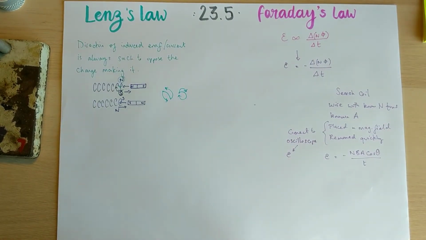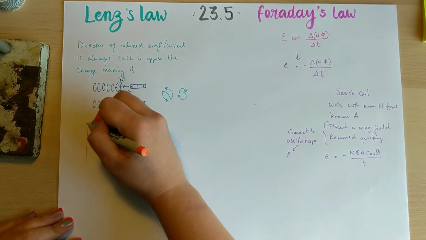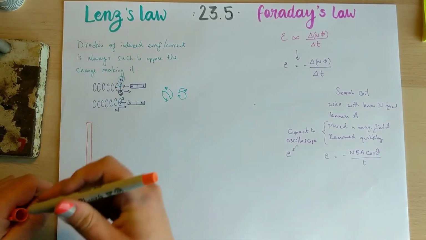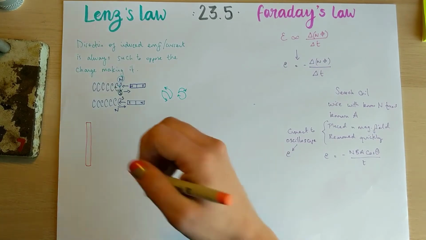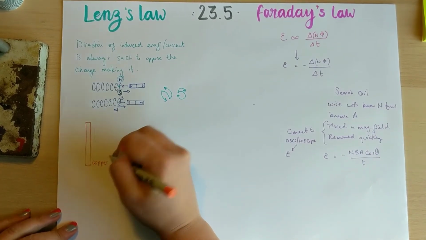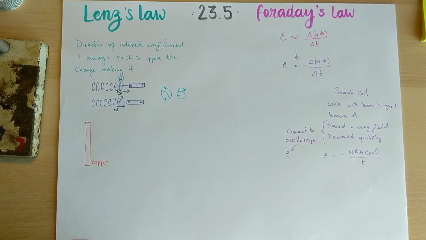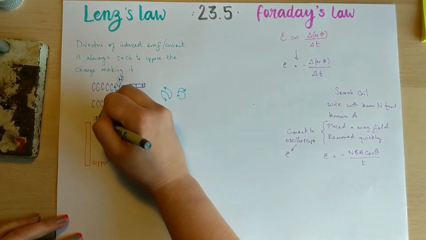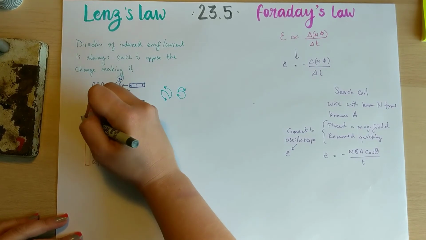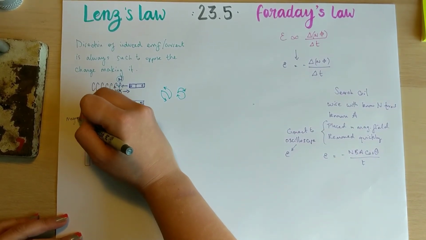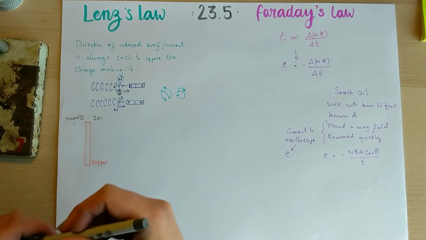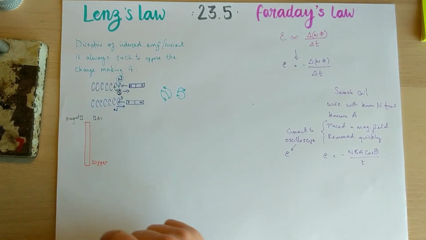There's a really cool demonstration that I can show you, but unfortunately I don't have the stuff at home, so I'll link you a video demonstrating it. If you had a copper pipe, bear in mind that copper's not magnetic, but it is a good conductor, and you dropped a bit of aluminium and a magnet into it, they don't fall at the same rate.